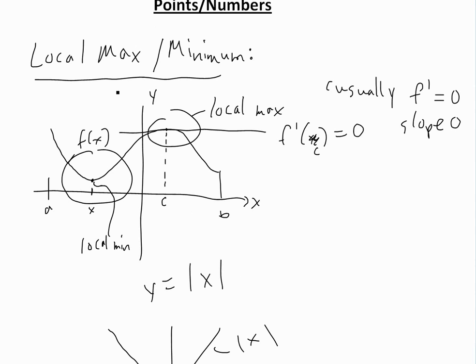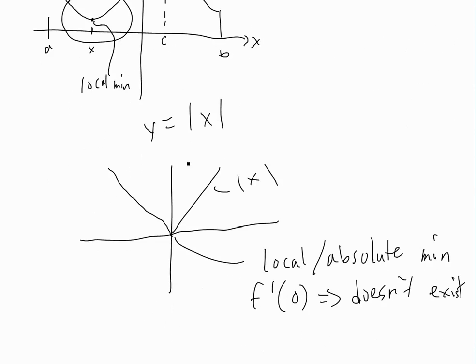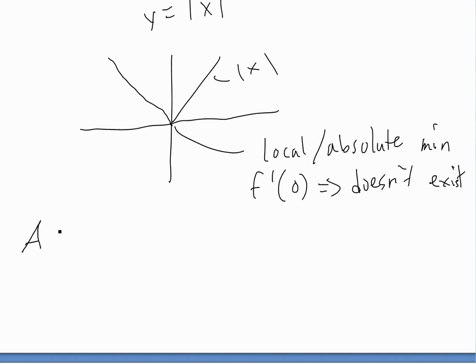So this is basically what local max and minimum is. Absolute max and min is the same thing, except it's global over that interval.